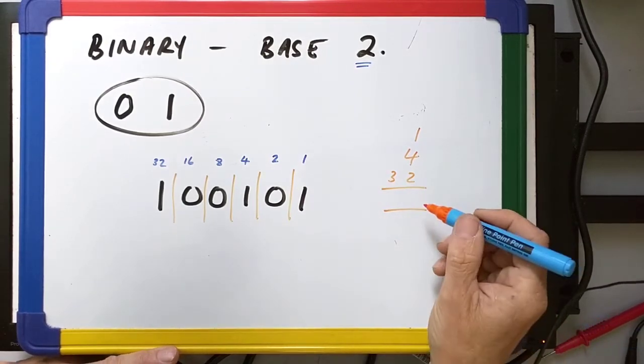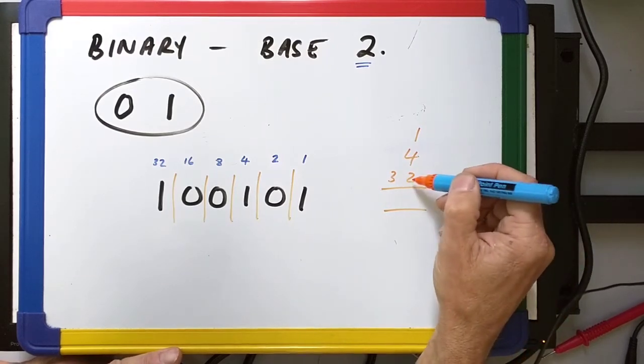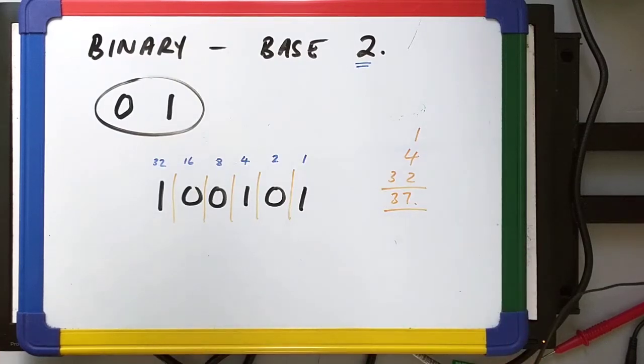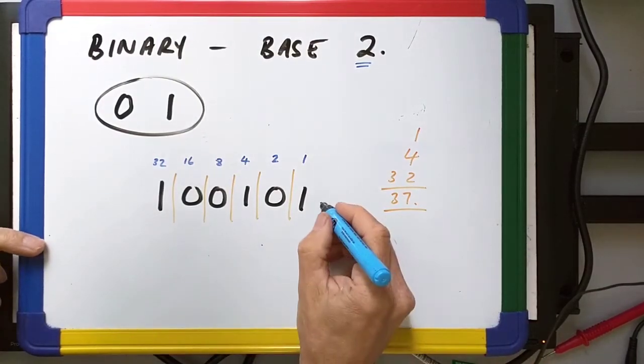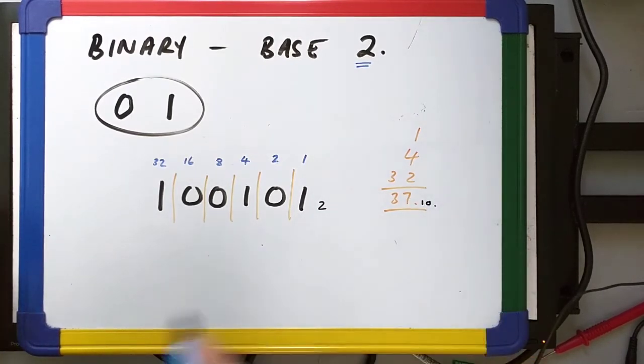So add them together like we did before with our 1s, 10s, 100s and 1000s. So we're sitting with 32, 36, 37. So this value in base 2 is equal to this in base 10.